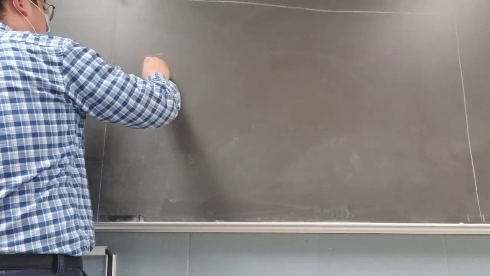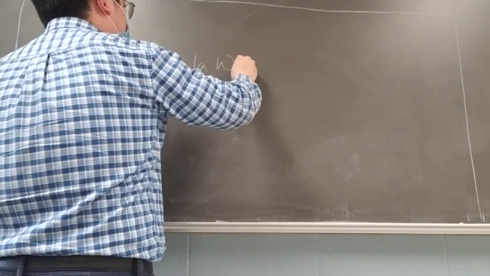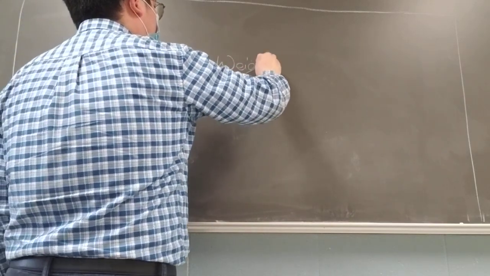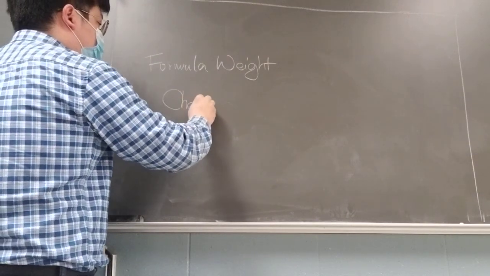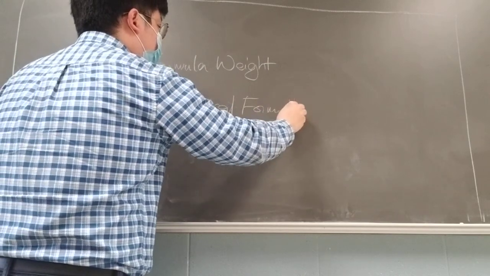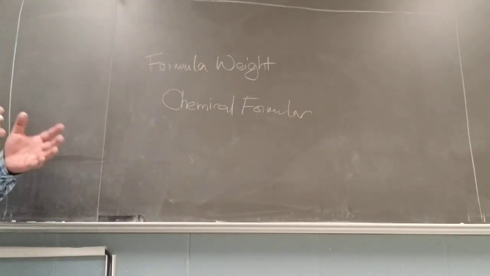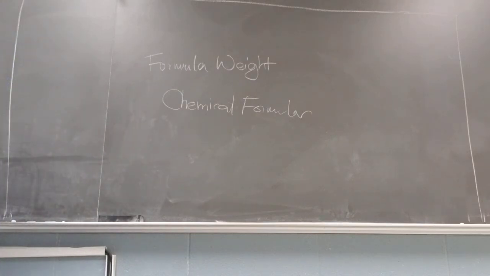Okay. So if you look at the chemical formula, you know how many of each element are making that certain compound together.